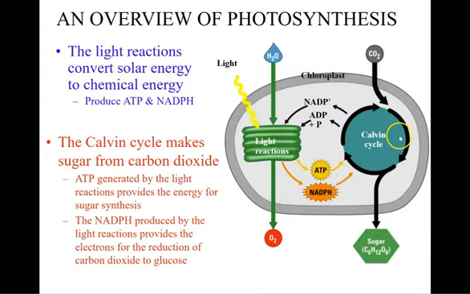But the Calvin cycle takes up ATP and NADPH from the light reaction and also takes in carbon dioxide. And from there, the carbon dioxide is reduced to form glucose.